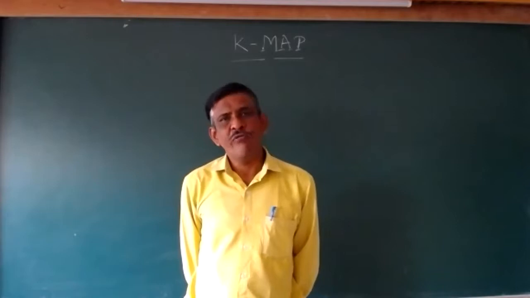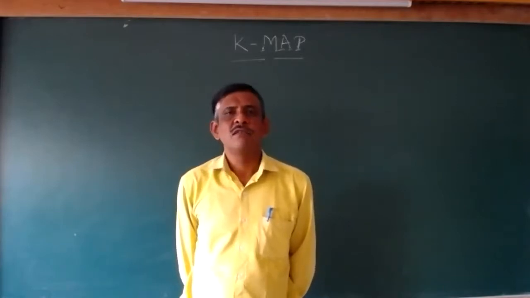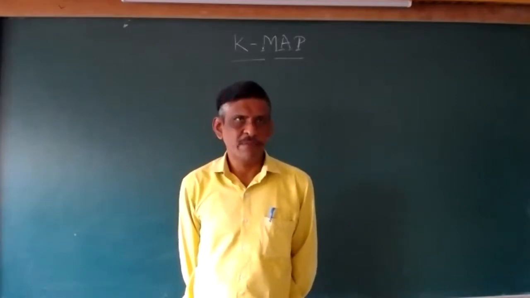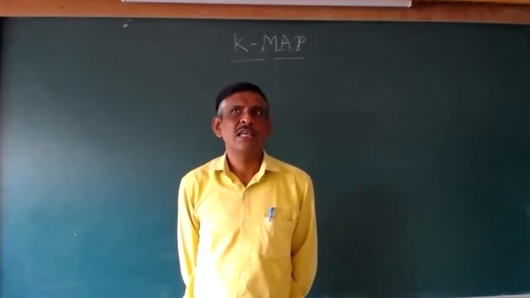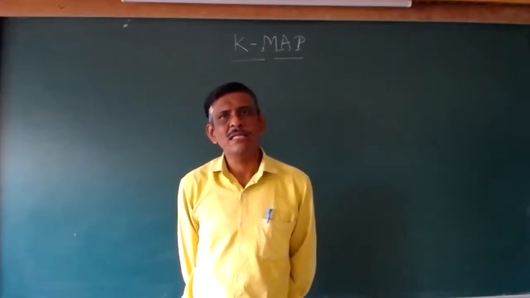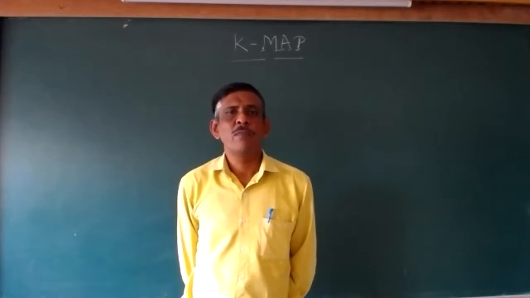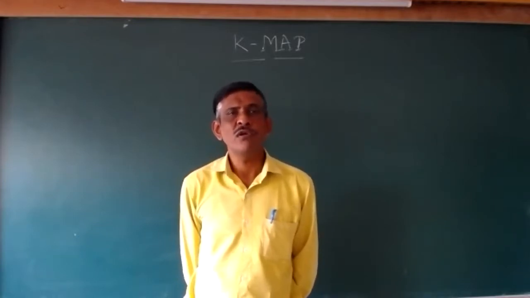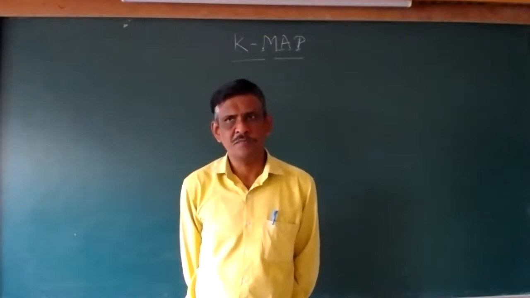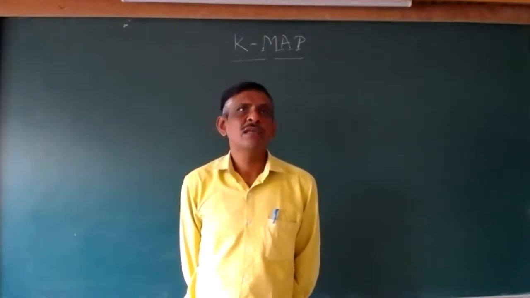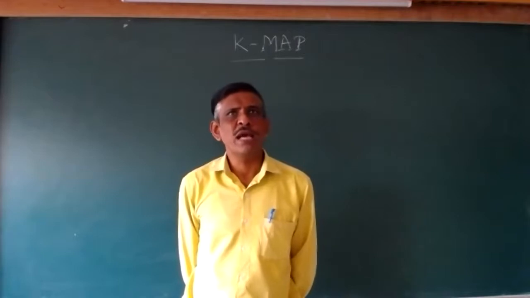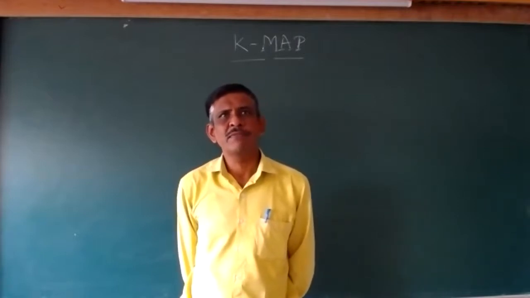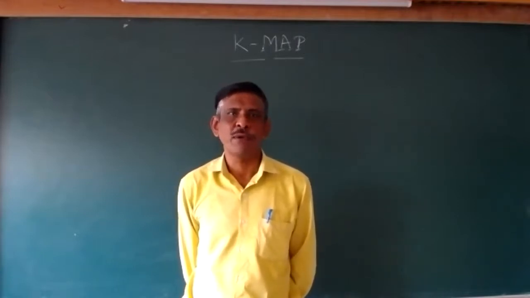Depending on the number of variables, we have the K-map series. That is the K-map for 2 variables, K-map for 3 variables, and K-map for 4 variables. But normally, from the exam point of view, they mostly ask only for 4 variables for a 5 marks question.